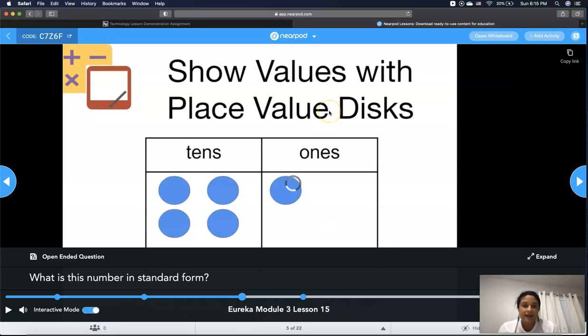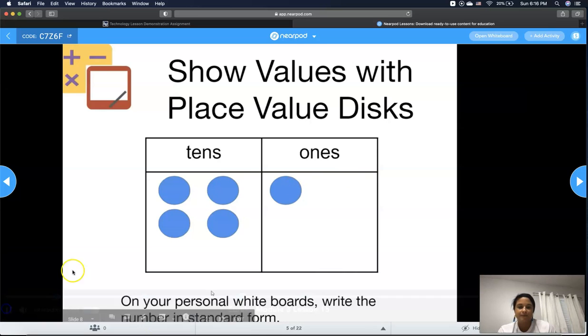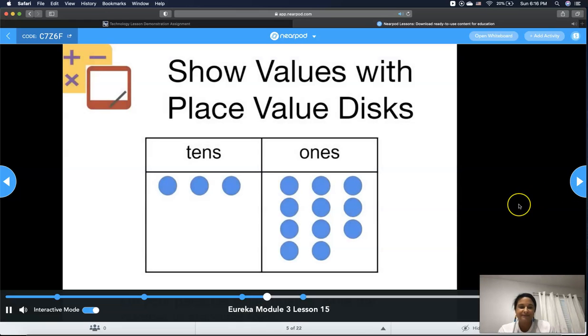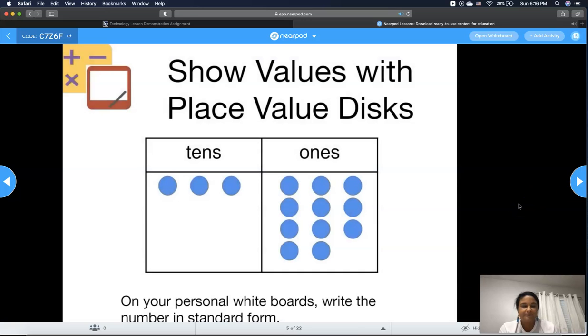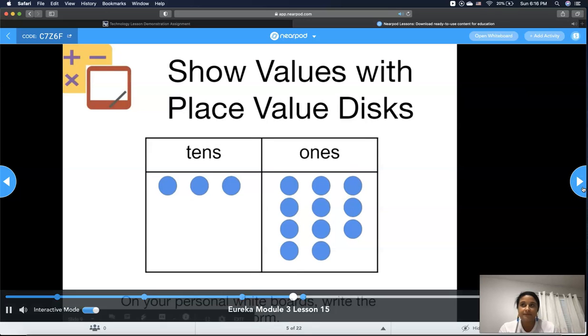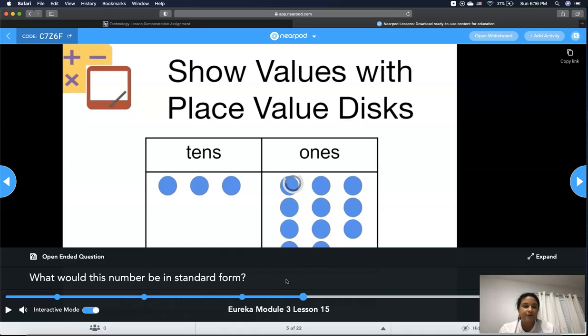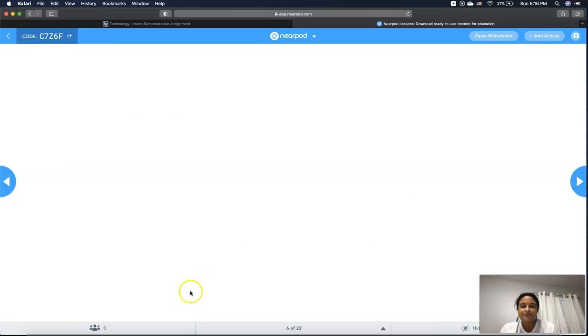Last but not least, write what this number would be in standard form based on the place value chart. Good, you should have this last number written in standard form. You should type it in as we're going through this live. You just type in your answers.